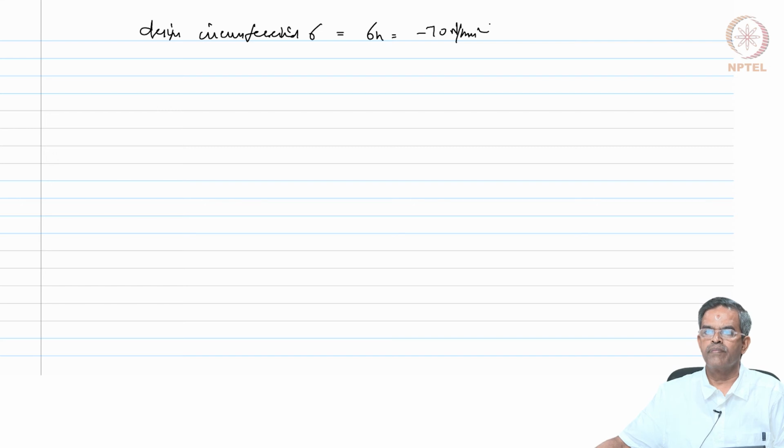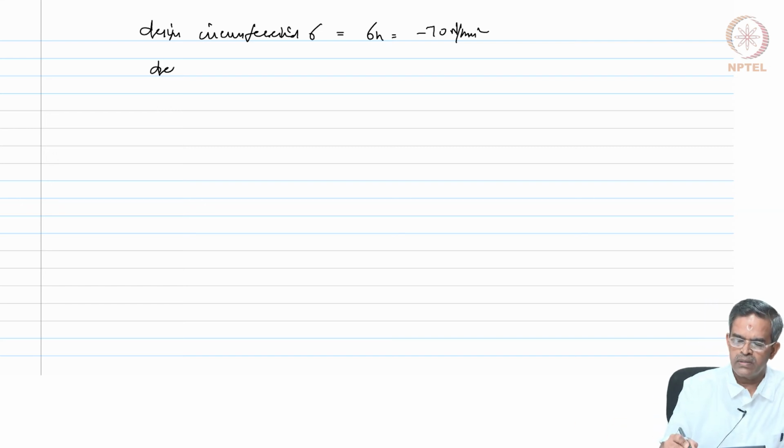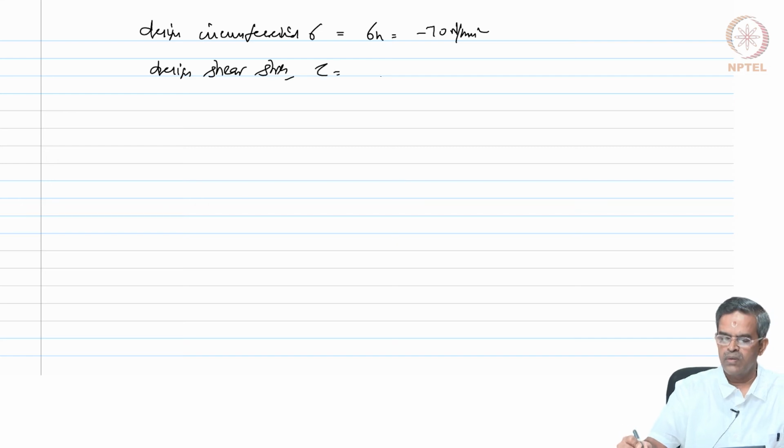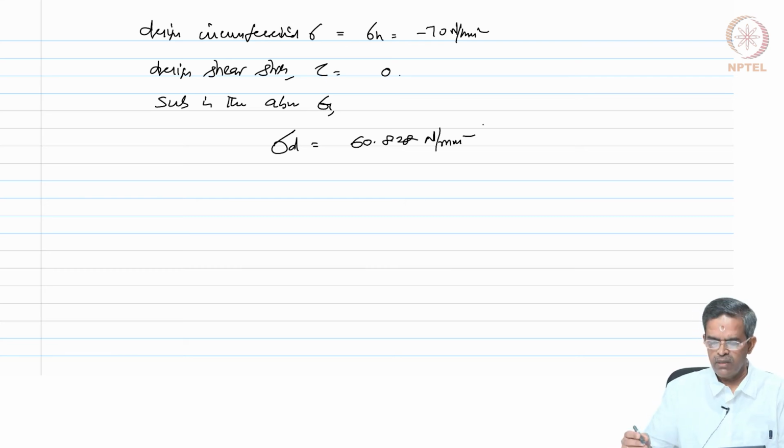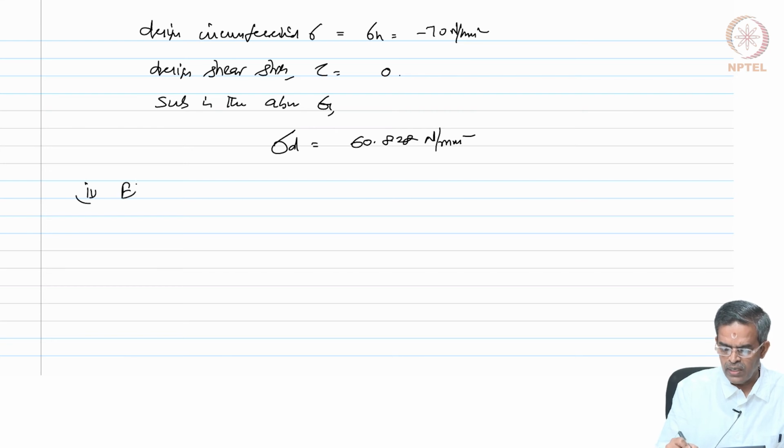And design shear stress tau is 0. Substituting in the above equation, we will get sigma d as 60.828 Newton per mm square.